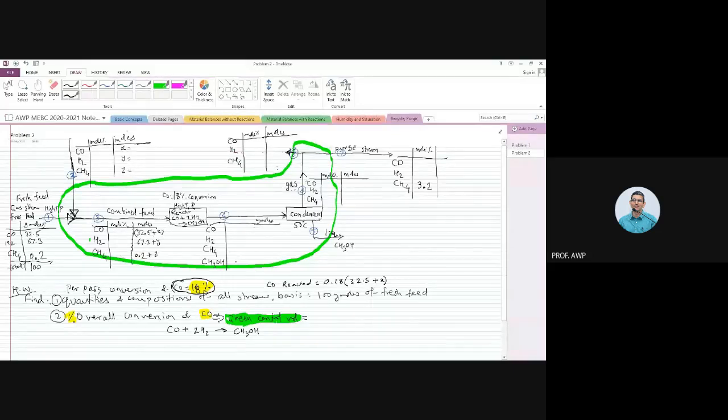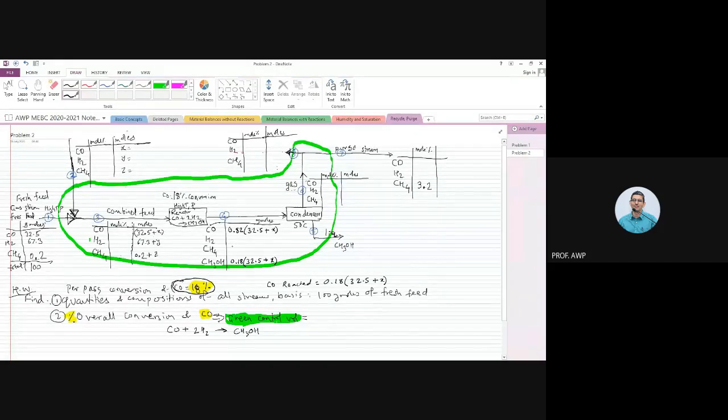So methanol formed is 0.18 multiplied by 32.5 plus X. And now CO is 32.5 plus X minus this term, which is nothing but 82% of 32.5 plus X.